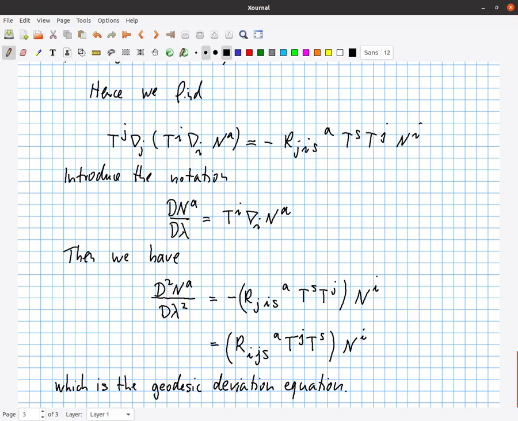So going back to the example that we started with in the lecture, if you and your friends are both standing at the equator some distance apart, then this separation would be characterized by the vector n^a. As you're walking towards the North Pole, your direction of travel is determined by the tangent vectors, and this object here determines whether you are moving closer to each other, further away from each other, or whether the distance between you and your friend remains constant.